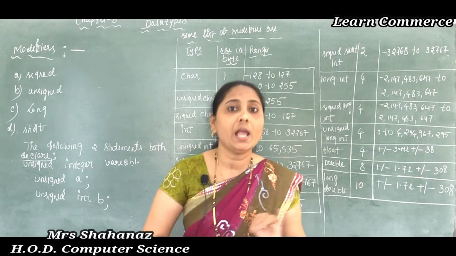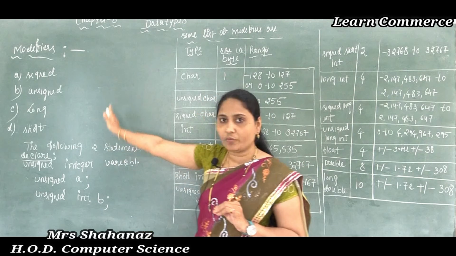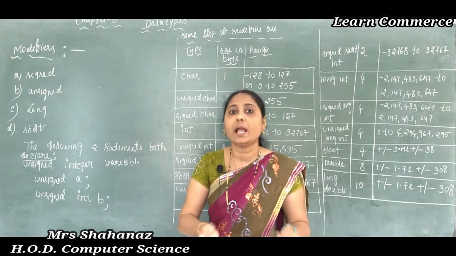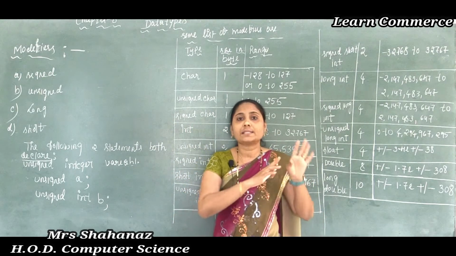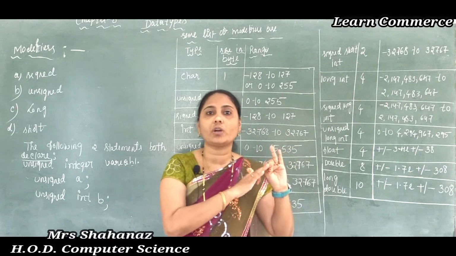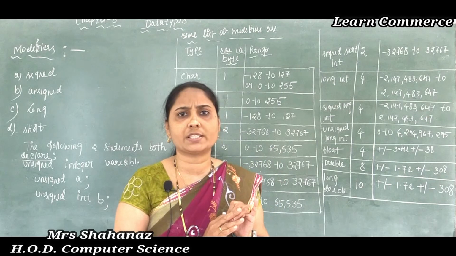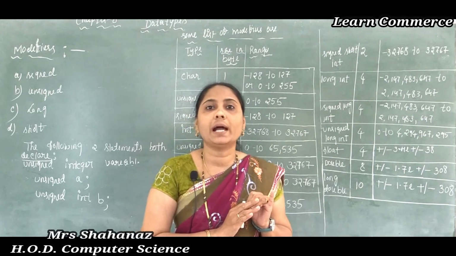Clear this point? Now we are in the concept of modifiers. I already said the data type modifiers are signed, S-I-G-N-E-D, unsigned, long and short. And where are we using such modifiers? Such a modifier is used along with the data type.